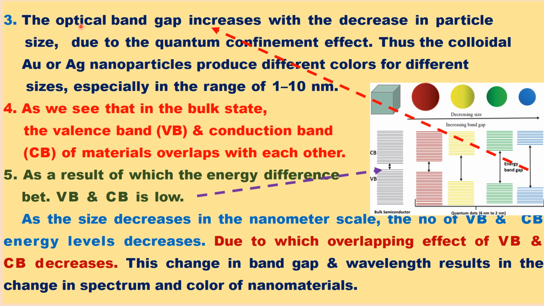So the optical band gap increases with the decrease in particle size of nanoparticles. Thus, the colloidal gold or silver nanoparticles produce different colors for different sizes in the range of 1 to 10 nanometer because of the change in energy band gap.